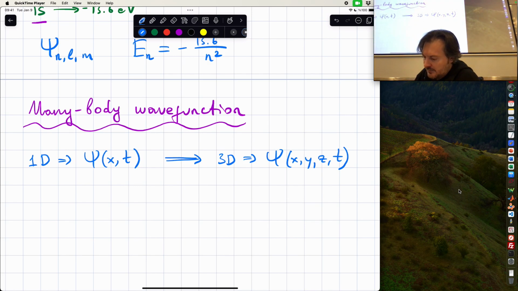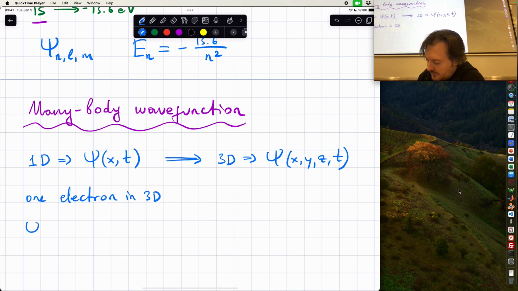Here's what you do. Let's say you have 2 electrons. No, let me start with 1 electron. 1 electron in 3D has psi of x, y, z, t, right? 2 electrons in 3D.